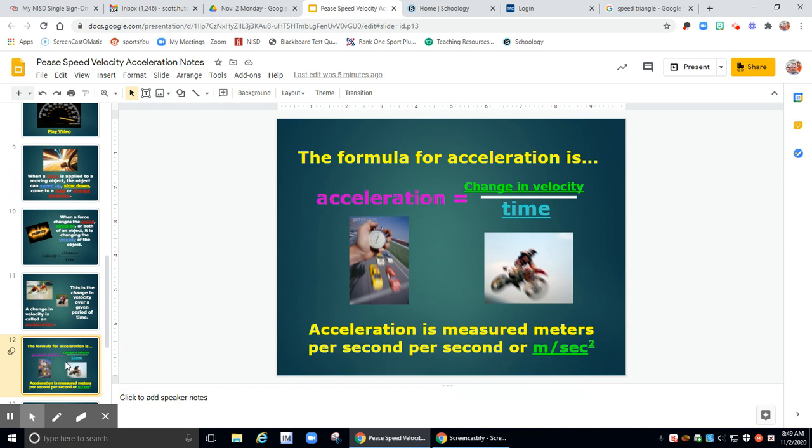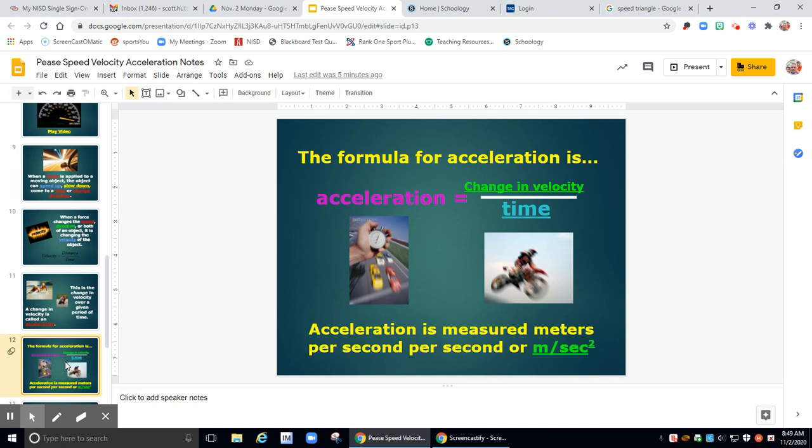So if a car was traveling at 50 miles per hour and sped up to 70 miles per hour, the change in velocity is only 20 miles per hour, right? Because it started at 50 and got to 70. So we're only looking at the change in the velocity. And then how long did it take that velocity to change?